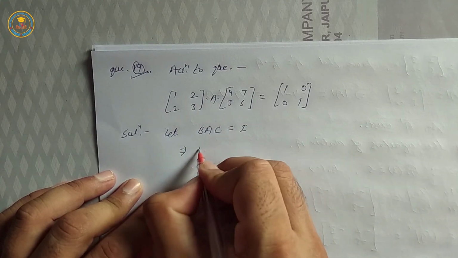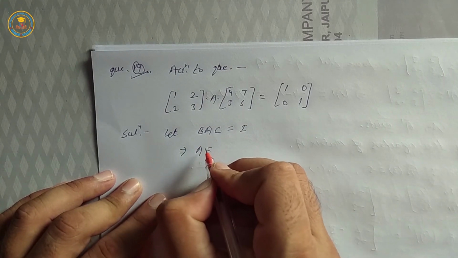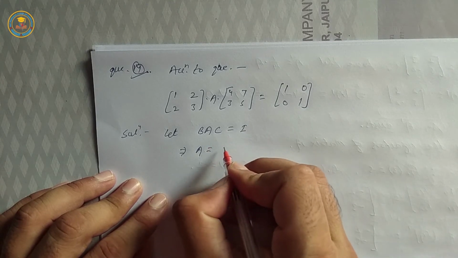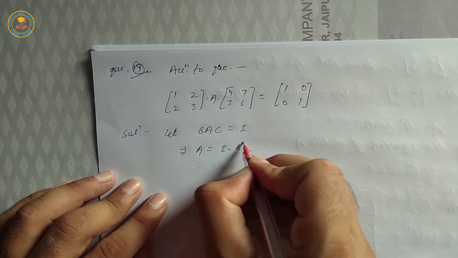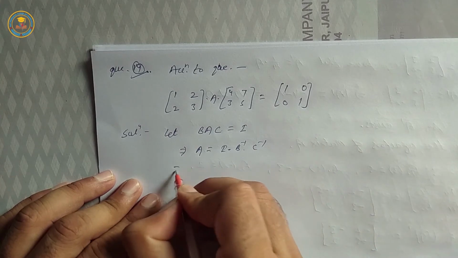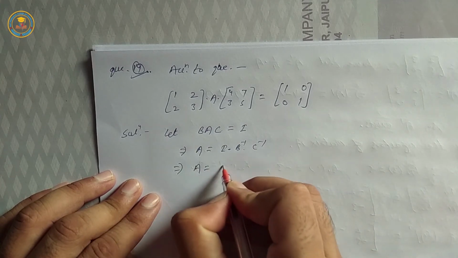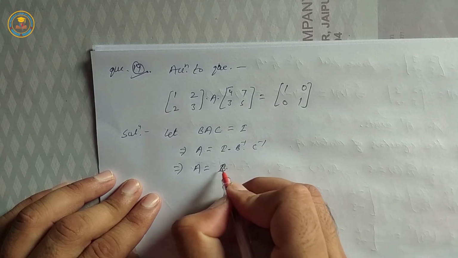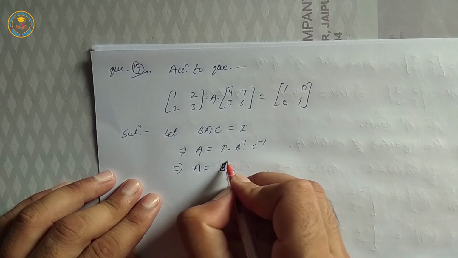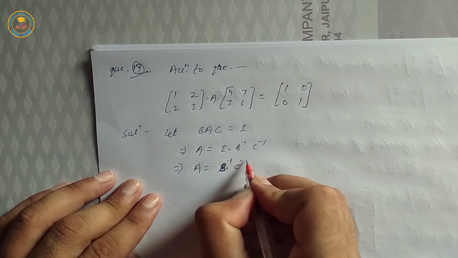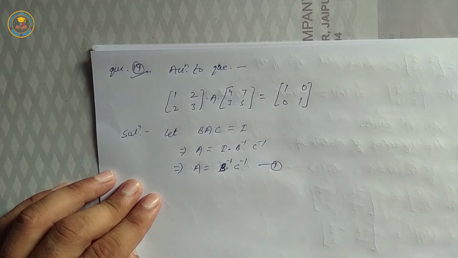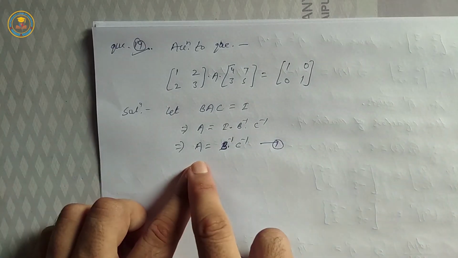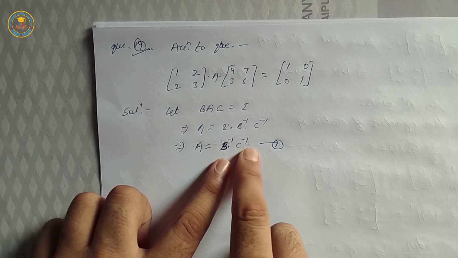Implies matrix A is equal to identity into B inverse into C inverse. Implies A is equal to B inverse into C inverse. Equation first. So matrix A is equal to B inverse into C inverse.